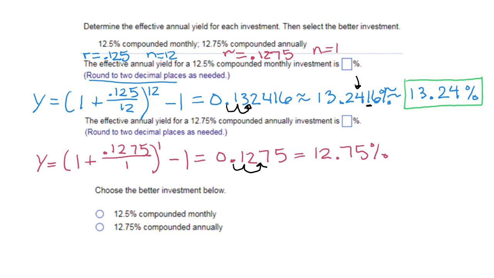That's a big jump. The second investment, which was at 12.75%, is earning 12.75%. So you can see the better investment in this case is going to be the first option, the 12.5% compounded monthly.